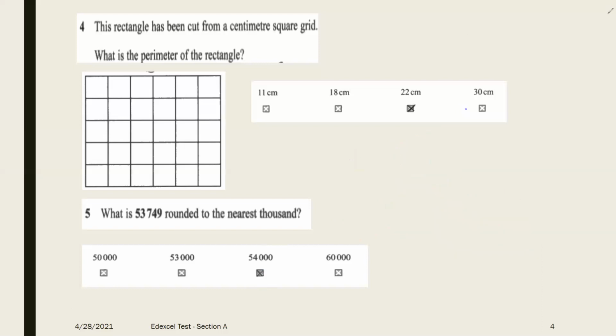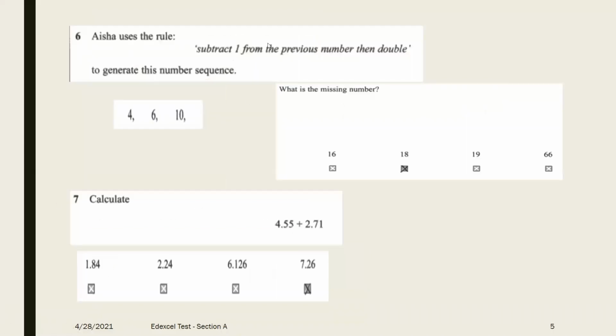Right, let's go to the 6th question. Right, this is my 6th question. Aisha uses the rule. Now, this is the rule. Normally, when you get a question like that, you try to identify the rule correctly. This is the rule. Subtract 1 from the previous number, then double to generate this number sequence.